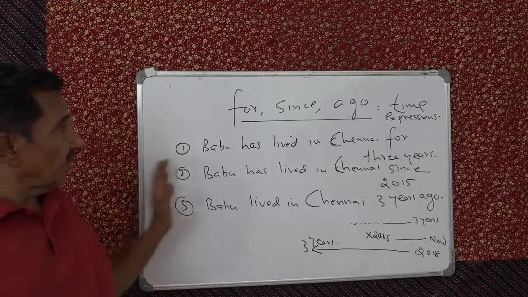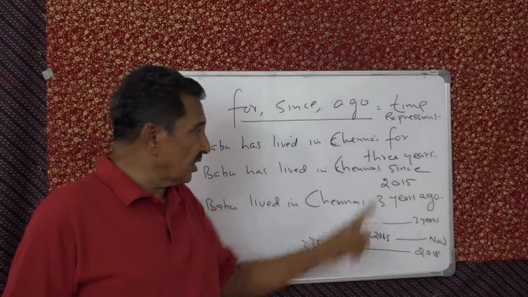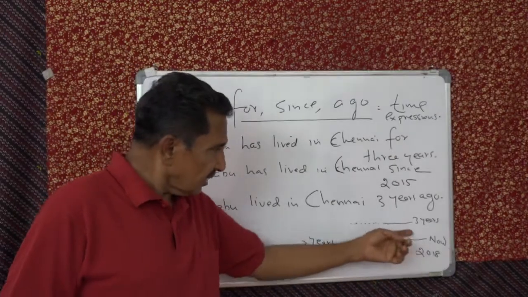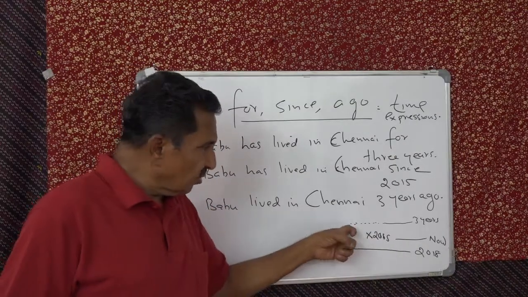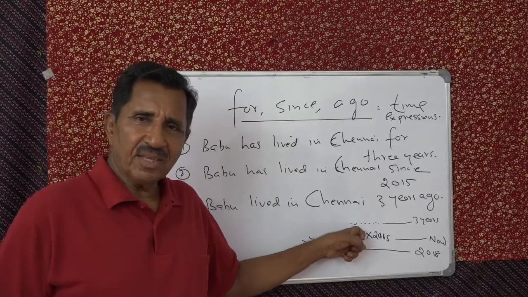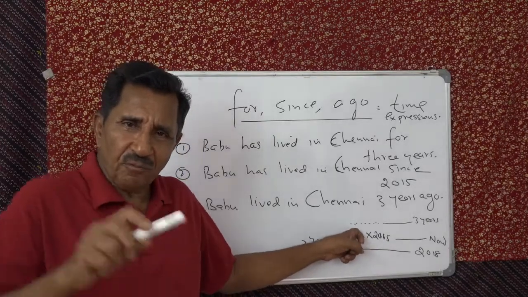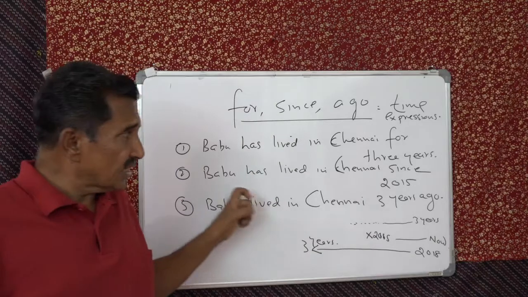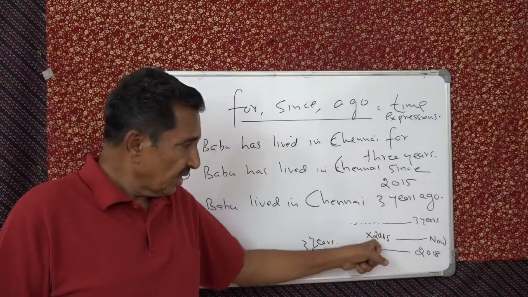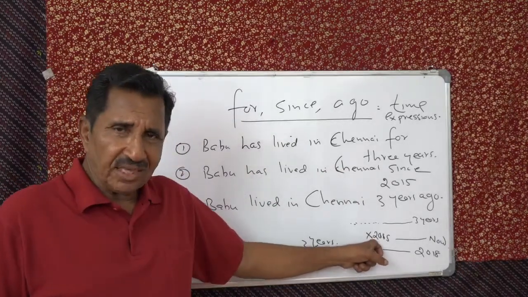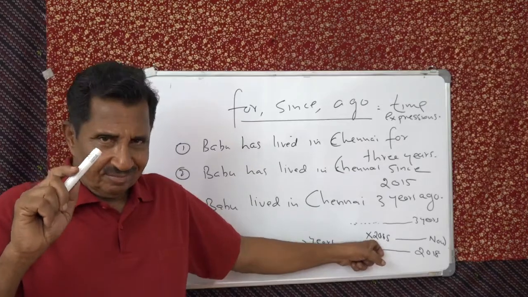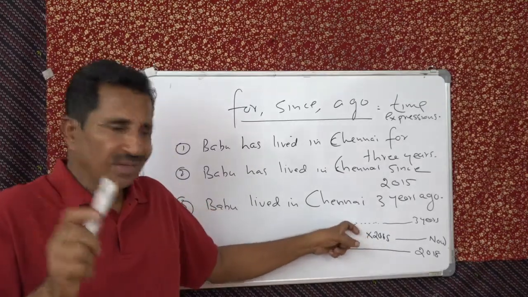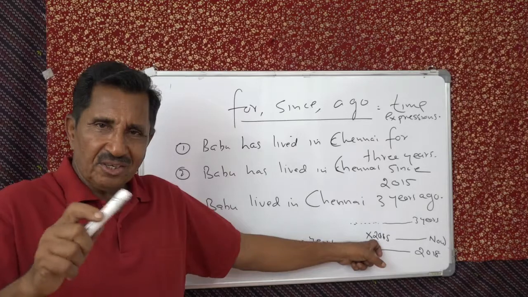When you say Babu has lived in Chennai for 3 years, we don't know from when. The time is not clear. From when? Since 2015 means a definite time in the past.